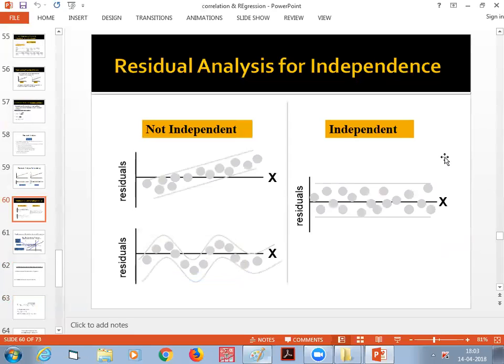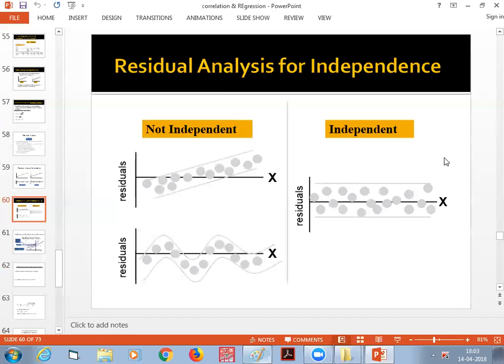See, these are the residuals we are plotting, not the direct residuals. What we are doing is converting the residuals into standardized residuals and standardized predicted values, and plotting residuals versus predicted values. So if the graph comes this way, that means the points show in this format, they are not independent.